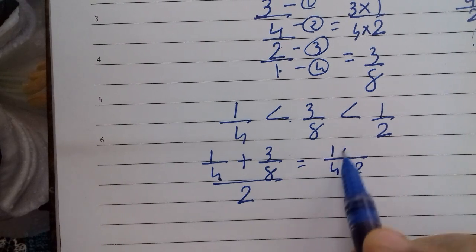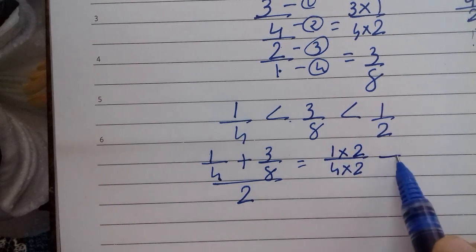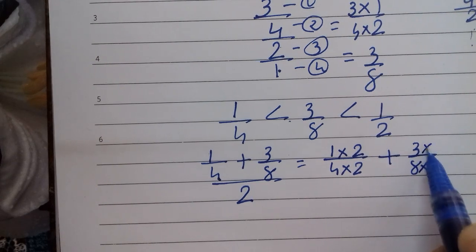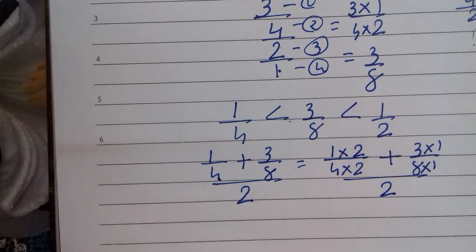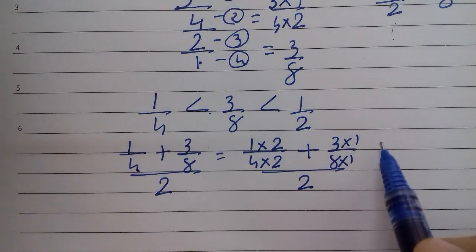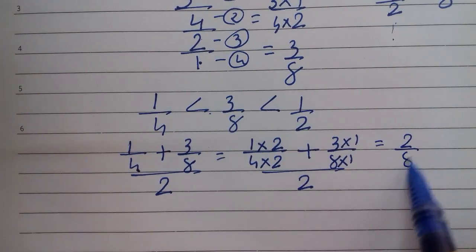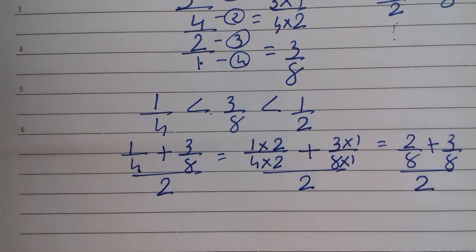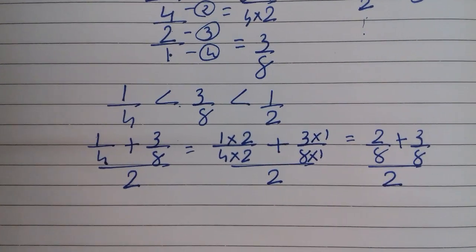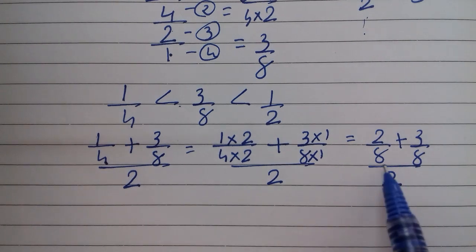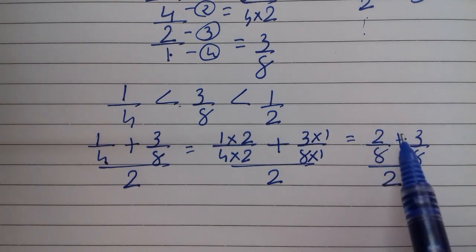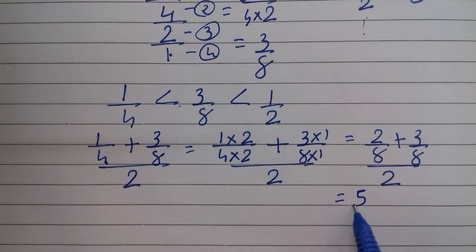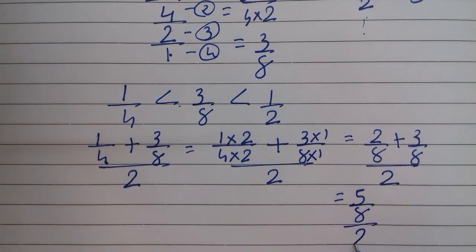4 multiplied by 2, 1 multiplied by 2, 3/8, upon 2, is equal to (2/8 + 3/8)/2. Here the denominators are the same. So 2 plus 3, 5/8, upon 2.